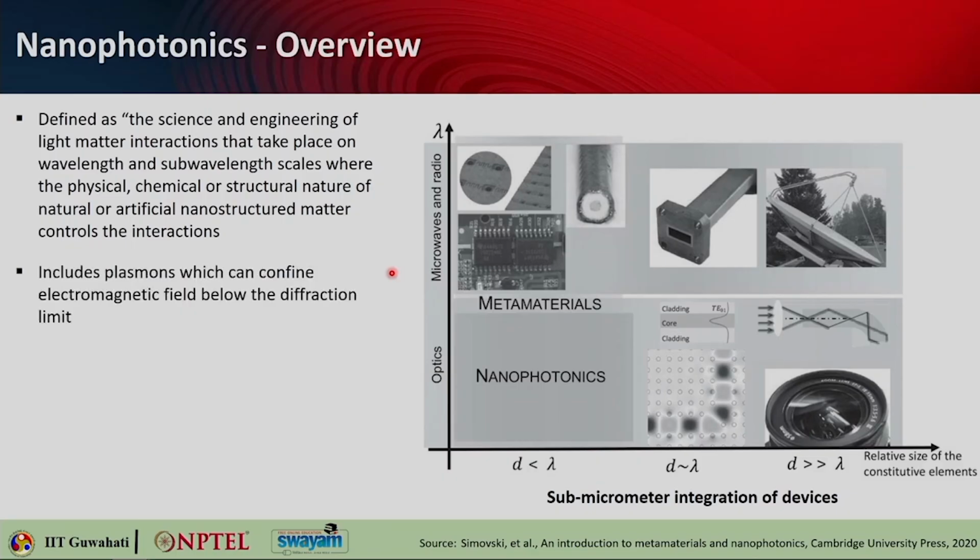Nanophotonics also includes plasmons that could confine electromagnetic radiation well below the diffraction limit, and this particular field overall opens infinite possibility of material engineering using metamaterials and metasurfaces. So metamaterials and metasurfaces have added a feather to the cap of nanophotonics, where you have infinite freedom to design the device with the functionality you want.